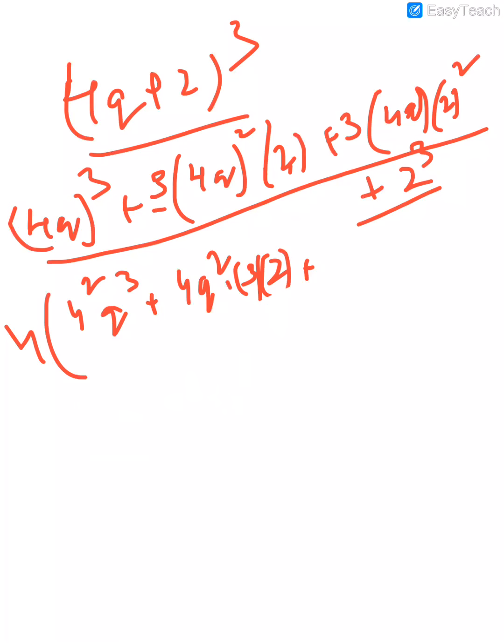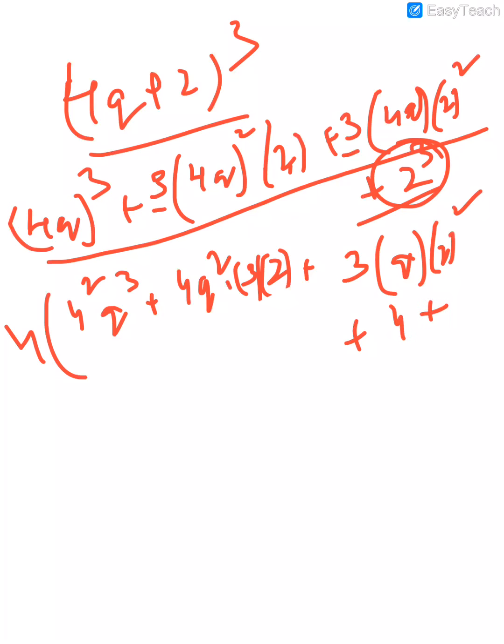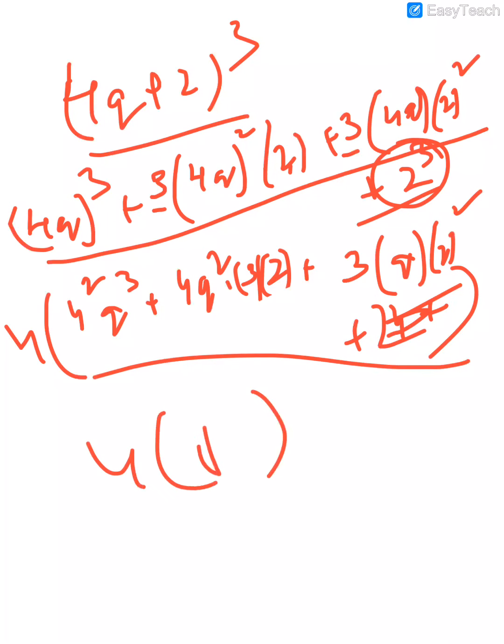And here 4 goes, so 3 into q into 2 square, plus 2 cube. 2 cube is 8, and 8 we can write as 4 plus 4. So the 4 goes and 2 is left. So this entire thing is 4 into something.